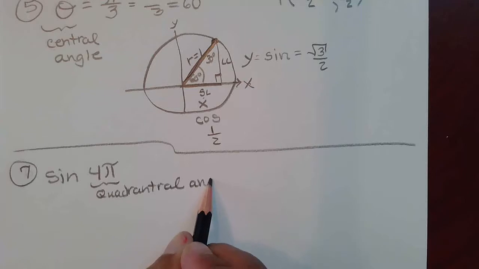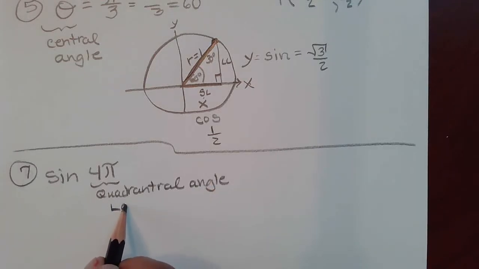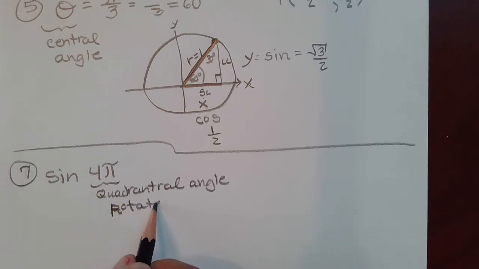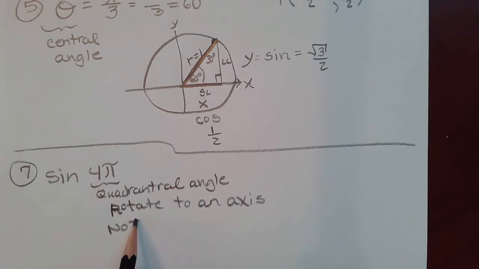I had mentioned this when I was giving the notes for 6.1. It means you're going to rotate to some kind of axis, either a y or an x-axis, and you will not be able to draw a triangle.